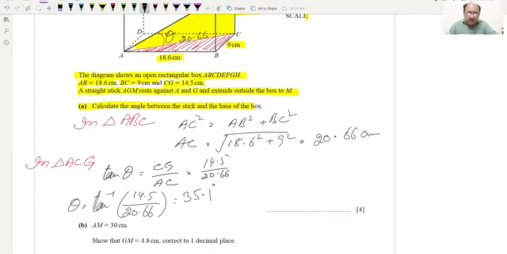So 35.1 is basically the angle required, which we can write as the proper answer over here.